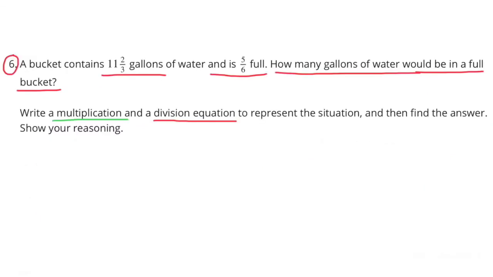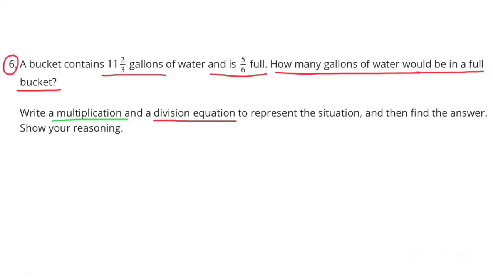Number 6. A bucket contains 11 2/3 gallons of water and is 5/6 full. How many gallons of water would be in a full bucket? Write a multiplication and a division equation to represent the situation, and then find the answer.